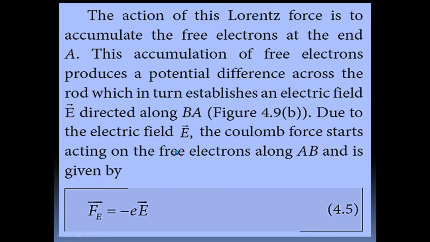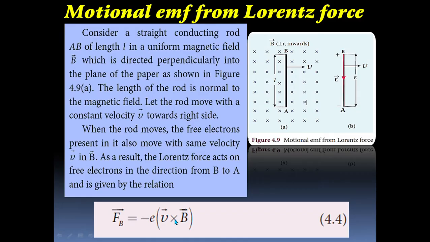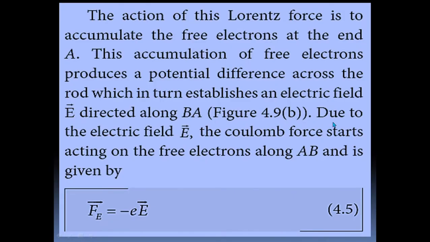Due to the electric field E vector, the Coulomb force starts acting on the free electrons along AB and is given by F_E vector is equal to minus e into E vector. Already we know this electrostatic force formula: F_E vector is equal to minus e into E vector.